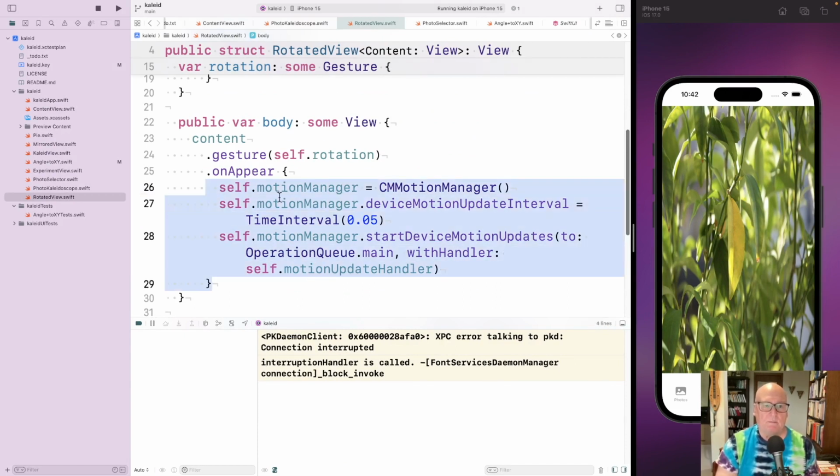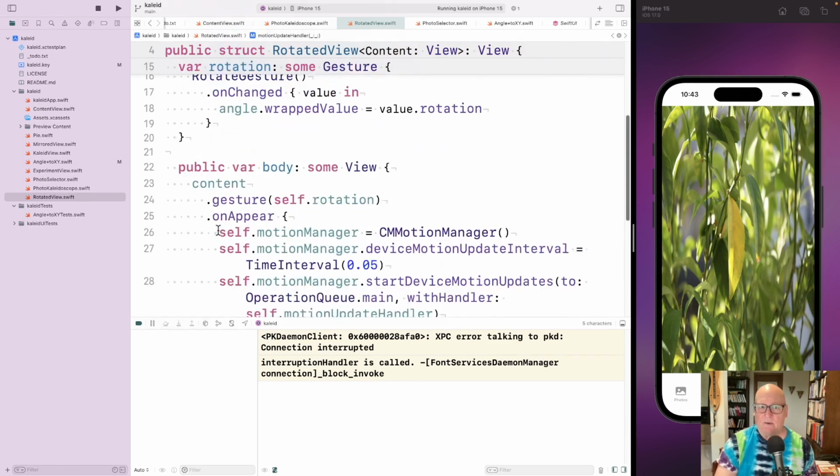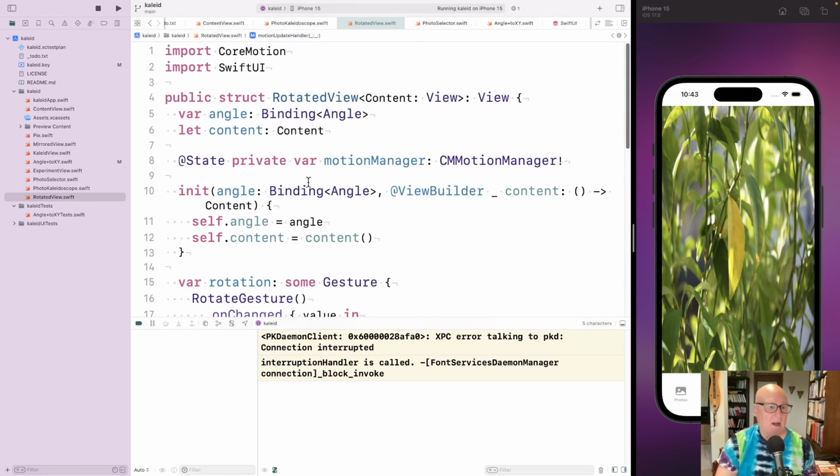When the view appears, connect up the motion manager, get an update interval of 20 times a second for us, and tell it whenever it sees a change in motion, call the update handler, which captures the yaw, the side-to-side rotation, converts that to radians, and stores that as the angle. And then angle came in as a binding here. So whoever wants to listen to that angle can adjust themselves when it changes.